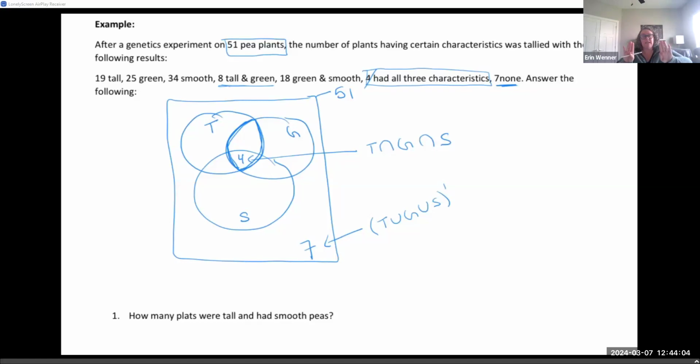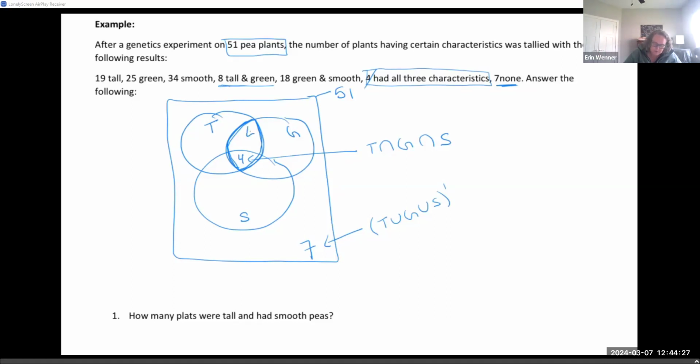Now, again, if they had said 8 were only tall and green, that would represent that smaller space above the 4, because that's excluding the smooths. Because it doesn't say it's the only piece, it just says 8 were tall and green, that tells us that the sum between those 2 spaces has to be 8.